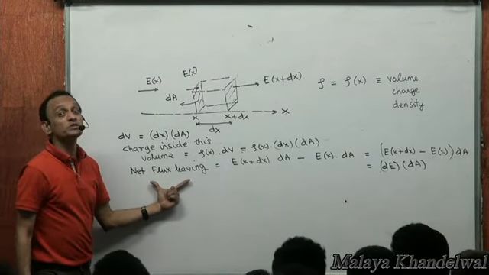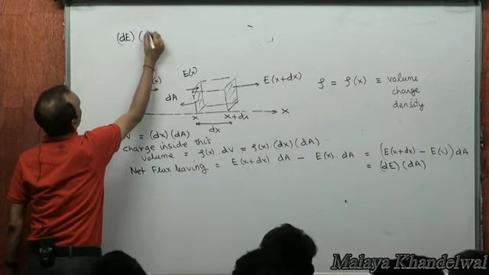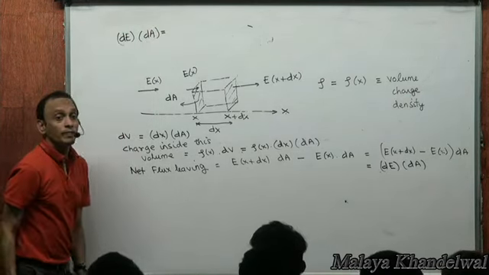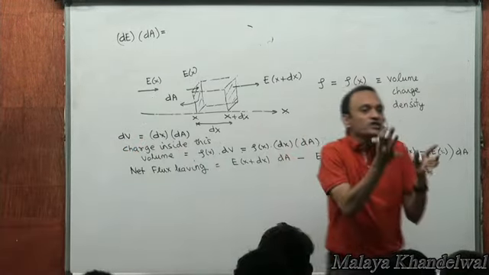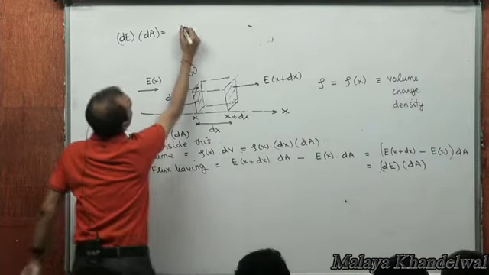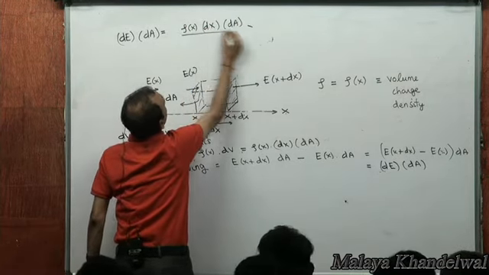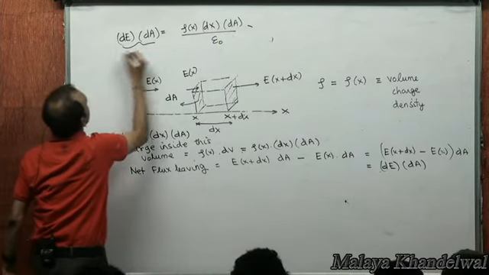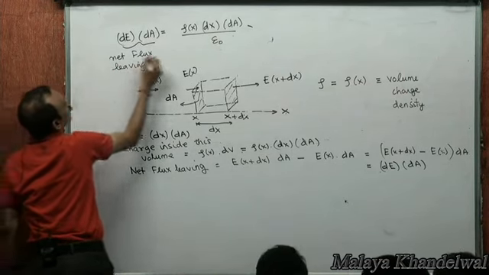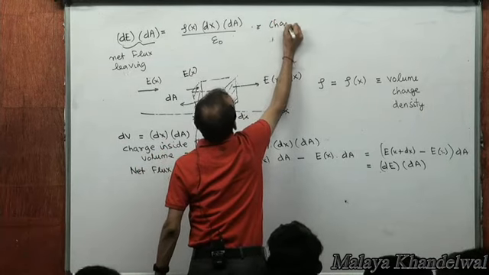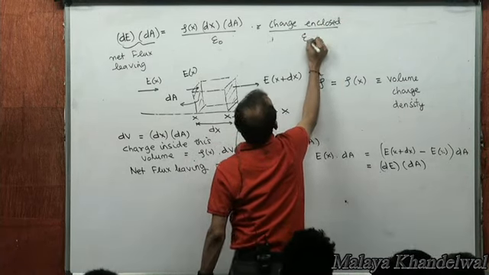And that, from Gauss's law, must be the charge enclosed divided by epsilon naught. Net flux leaving is dE into dA, and that must equal the net charge enclosed by epsilon naught in this region.